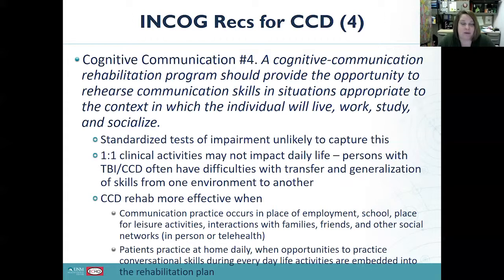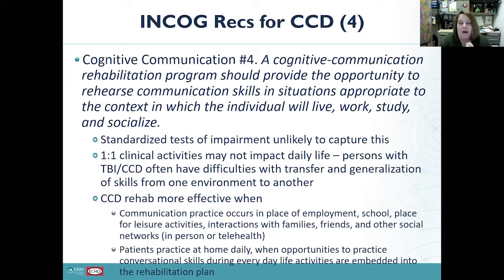So, for example, if we give a language measure, a basic communication measure, a lot of our folks with TBI will ace those measures. They will ace the aphasia batteries in most cases, do really well on them. And it's not going to predict how they're actually going to be able to communicate. And then if it does have any sort of predictive power, maybe it's predictive power in the laboratory or clinical setting, but not in everyday life.